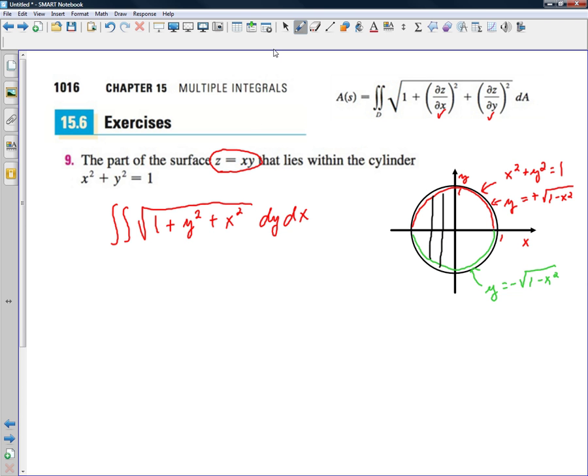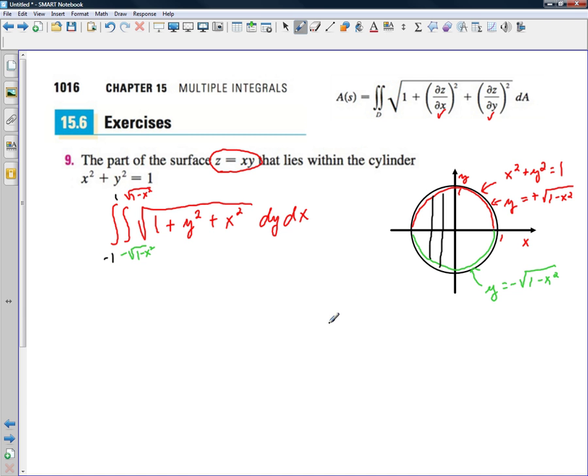So our proper limit of integration on the upper end with respect to y is going to be that positive square root of 1 minus x squared, and our lower limit is going to be the negative square root of 1 minus x squared. And then our limits with respect to x, well, our x's go from negative 1 to 1.